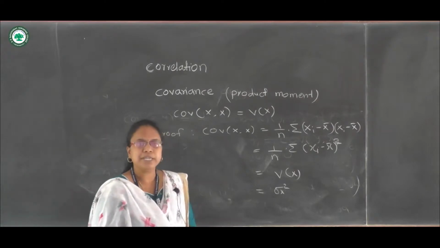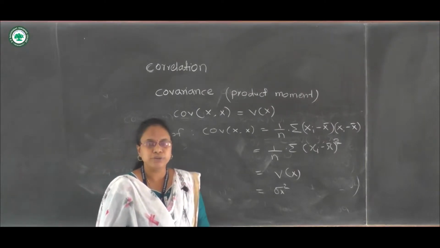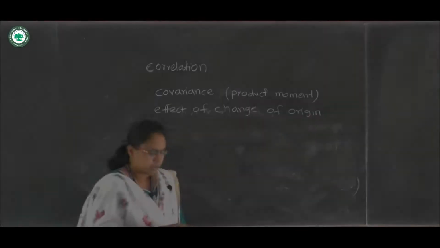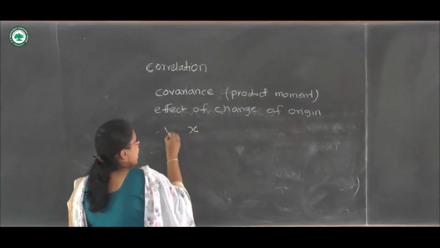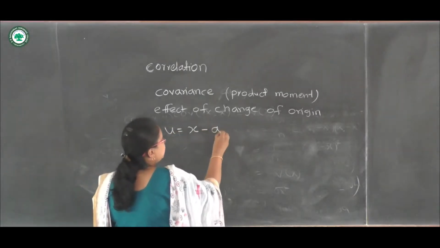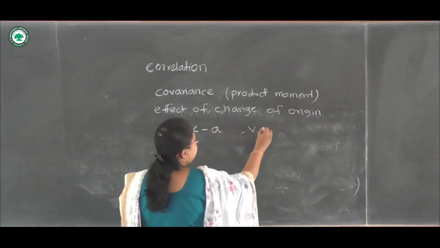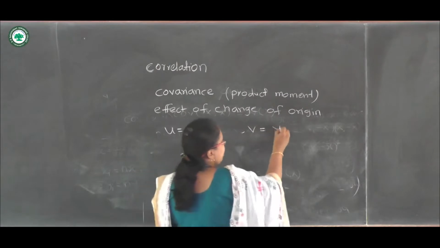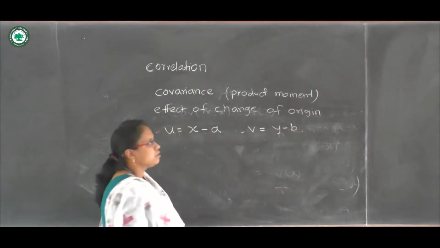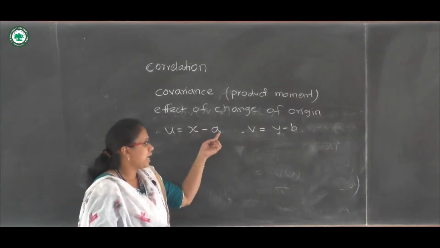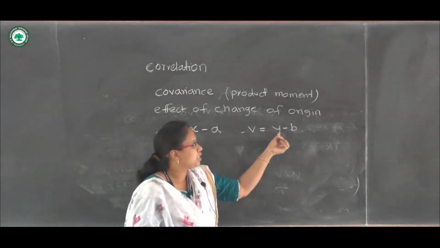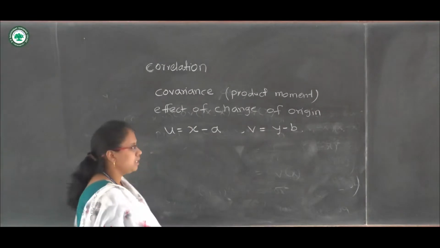The next property is effect of change of origin. So if we have bivariate data on x and y, and if we take variables u and v as x minus a and y minus b, so we have changed the origin of x by constant a and changed the origin of y by constant b.